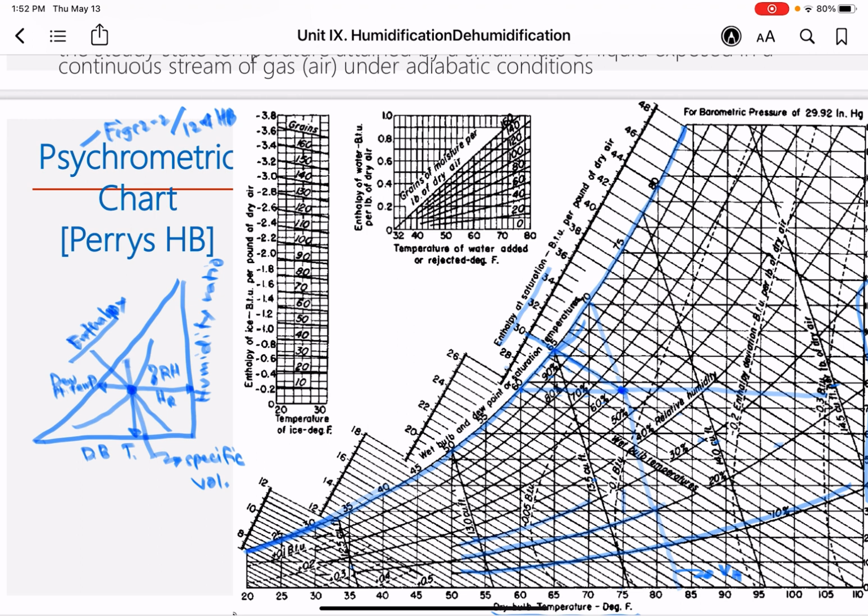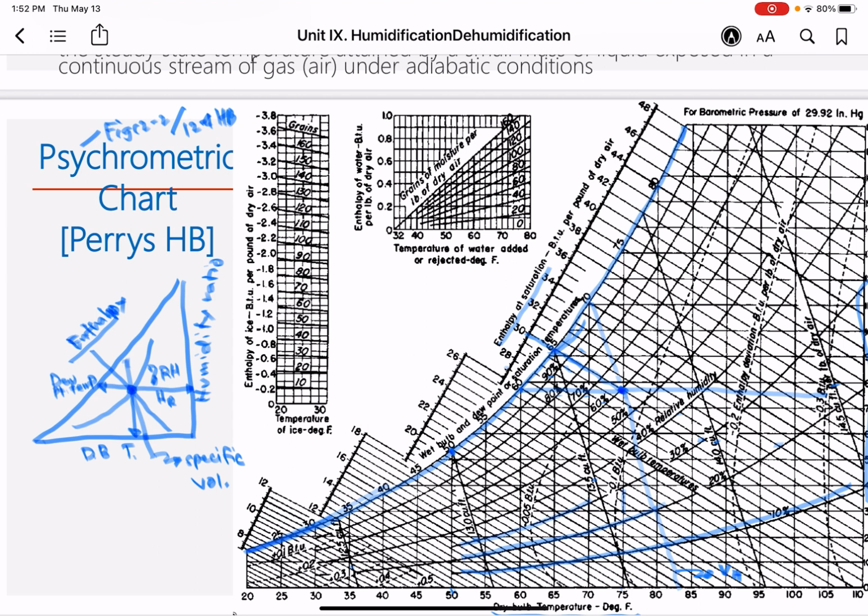So, it doesn't matter whatever is the amount of your dry bulb and your wet bulb temperature. So, along the saturation curve, all three temperatures, the dry bulb, the wet bulb, and the dew point, are equal. Say for example, at this point, I know that the wet bulb is 50, the dew point is also 50, and the dry bulb is also 50. Okay?